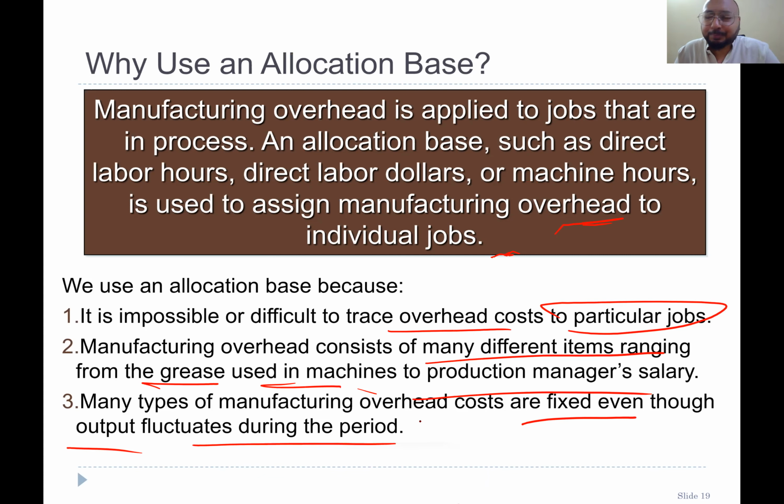Like I told you, there are many factors causing manufacturing overhead, but you need to see which drive the cost. So you are focusing on cost driver. So recall your concept of cost driver. So that is basically your base. So you divide that cost with the base, you find out per unit manufacturing overhead cost.